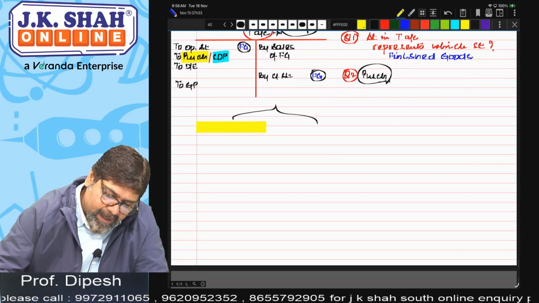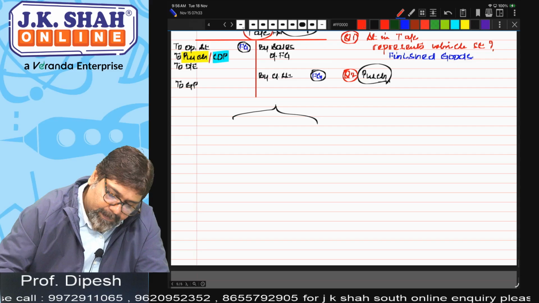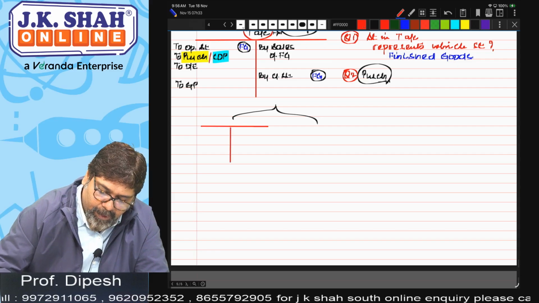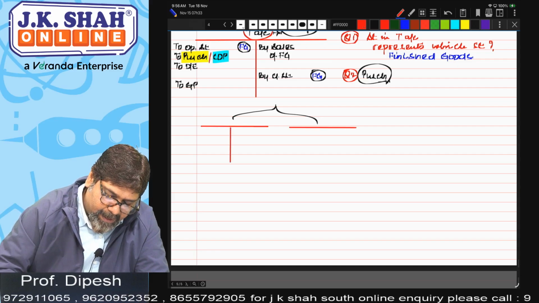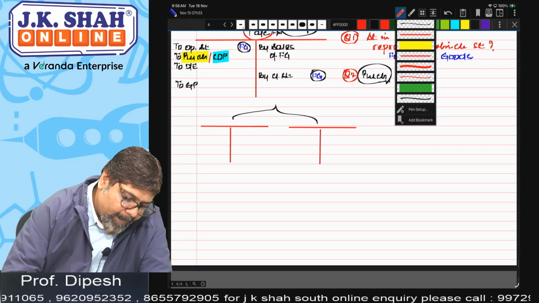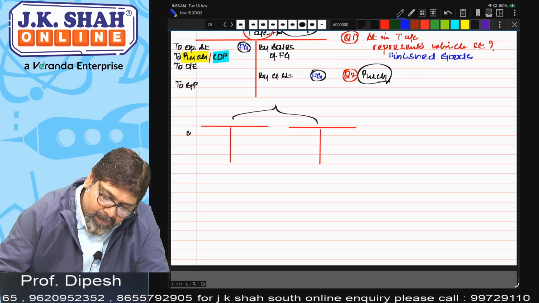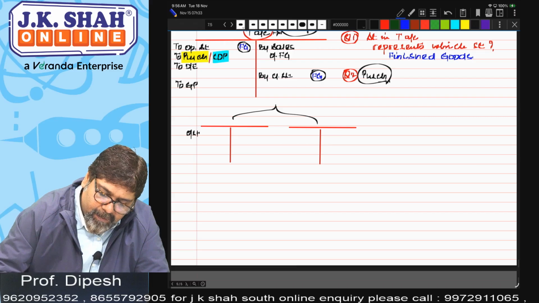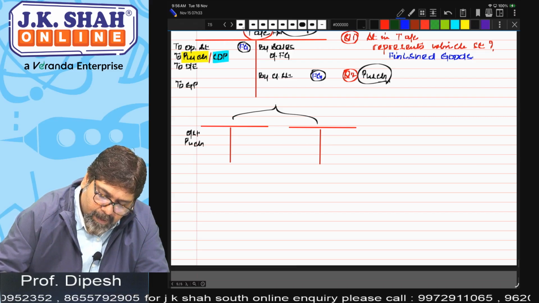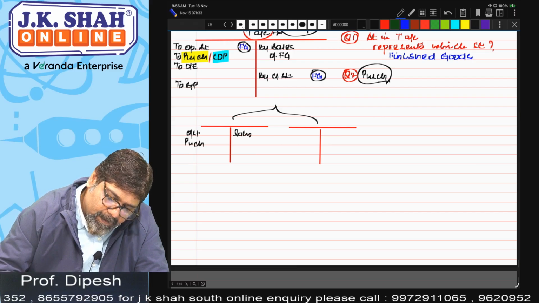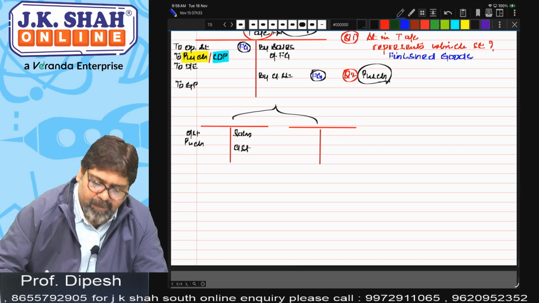So now if I simplify the format, it will become like this. There is a trading account for trader. There is a trading account for manufacturer. Trading account of trader is opening stock, purchase, sales, closing stock.